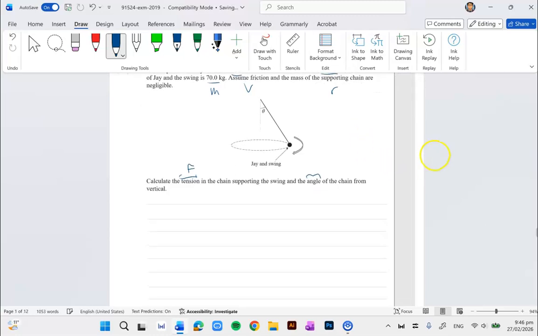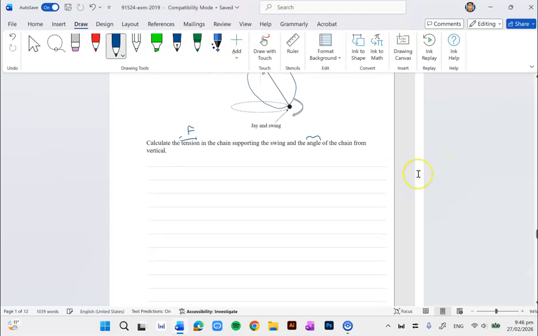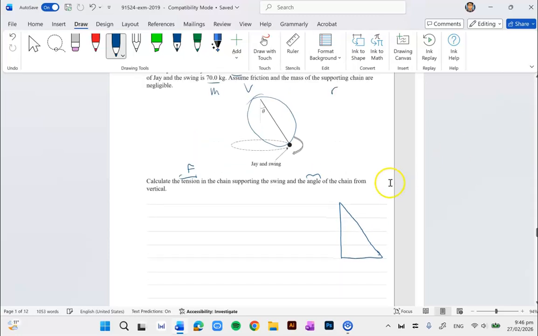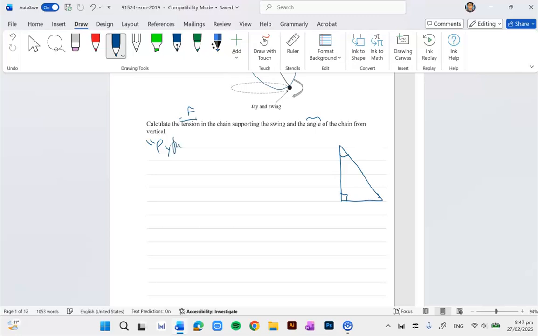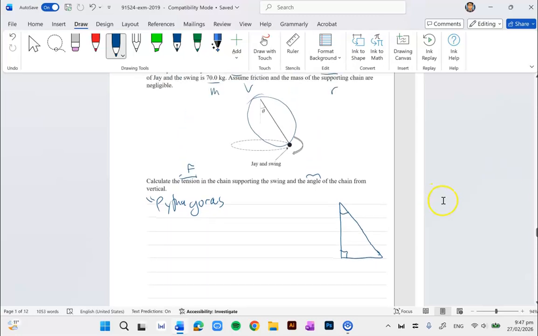Now you should recognize this as a right angle triangle, so I'm going to draw it out here. Your angle is up here, but we're not worried about that yet. This should really be important. It will show you have to use some sort of Pythagoras theorem to find the tension force, which is this.